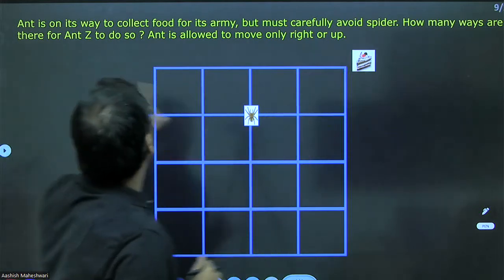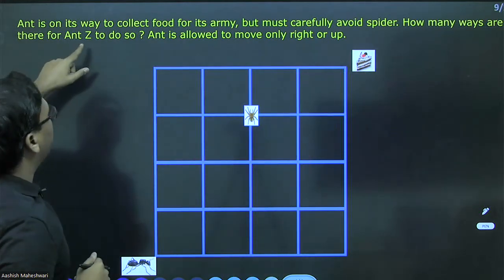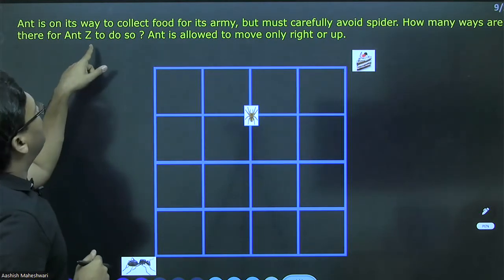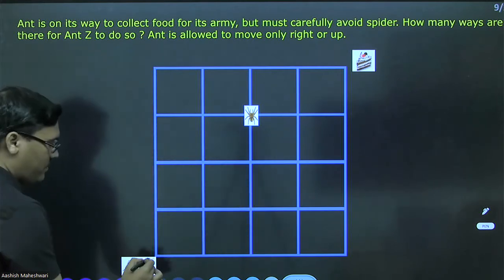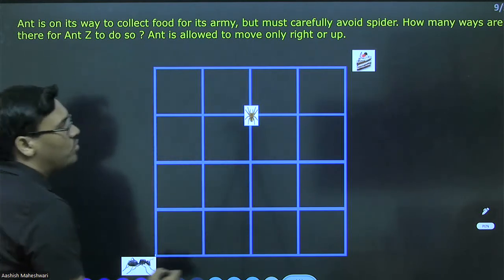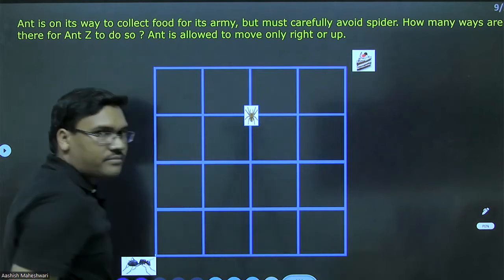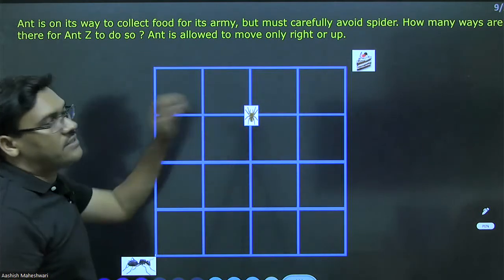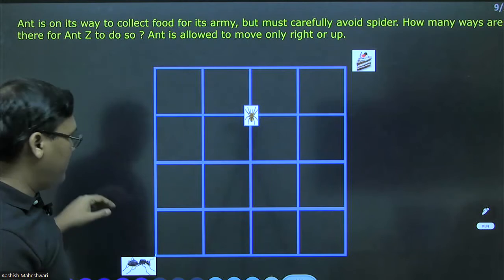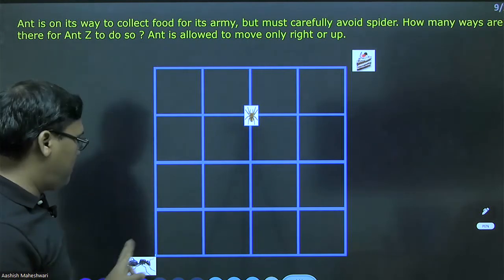How many ways are there for it to do so? Effectively the question is that this insect has to go from here to here, but it cannot come to this place because there is a spider sitting. In how many ways can this be done?